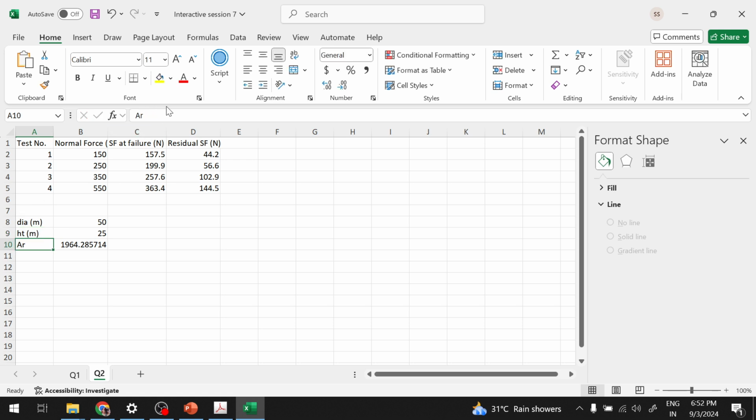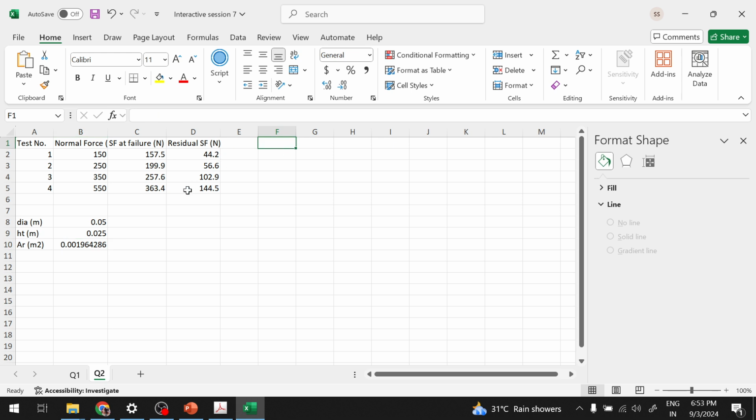This will be in meter square. This will be 0.05 and this will be 0.025. And this will be our area in meter square.